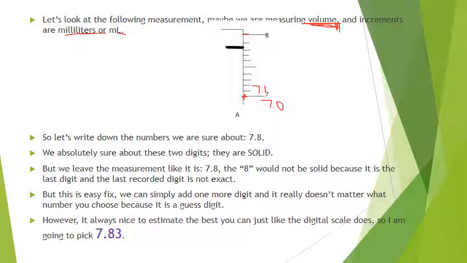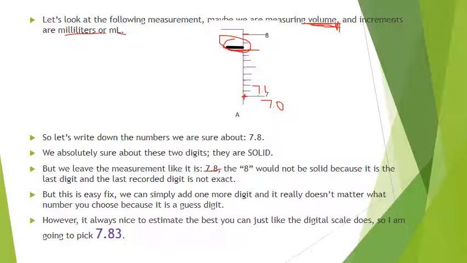So let's say I have this measurement right here, and I want to write down what its measurement is. So it's 7.1, 2, 3, 4, 5, 6, 7, 8. So I know it's 7.8. I'm going to write that down, and I'm really sure about that.